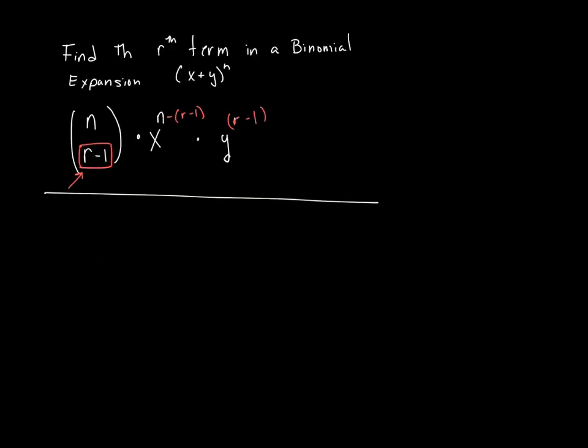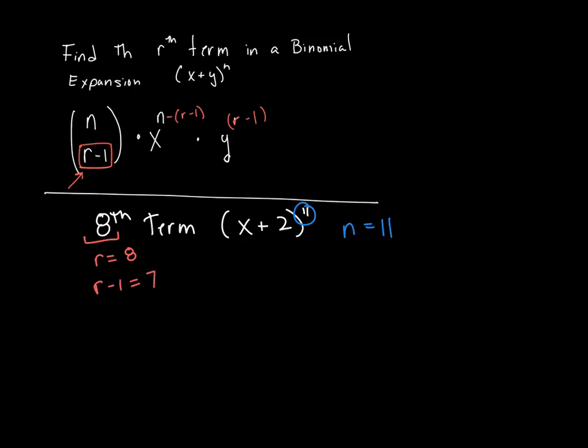Let's do a question. I want to find the 8th term of the binomial expansion of x plus 2 to the 11th power. So I know that 11 is equal to n, and I know that for the 8th term, r is equal to 8, so r minus 1 is equal to 7.